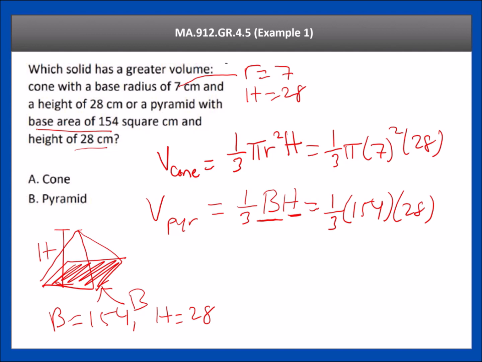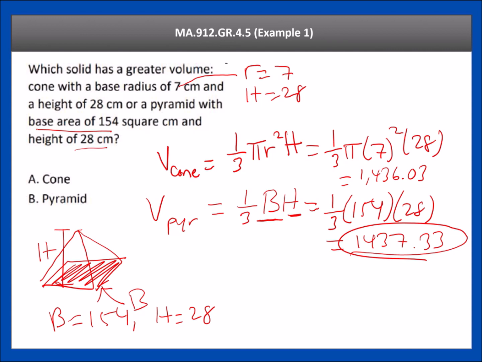We're going to use 3.14 for pi here. So for the cone, we get 1,436.03. For the pyramid, let's see what we get. 1,437.33. So it looks like the volume of the pyramid is actually slightly greater than that of the cone. So the answer is B, pyramid.